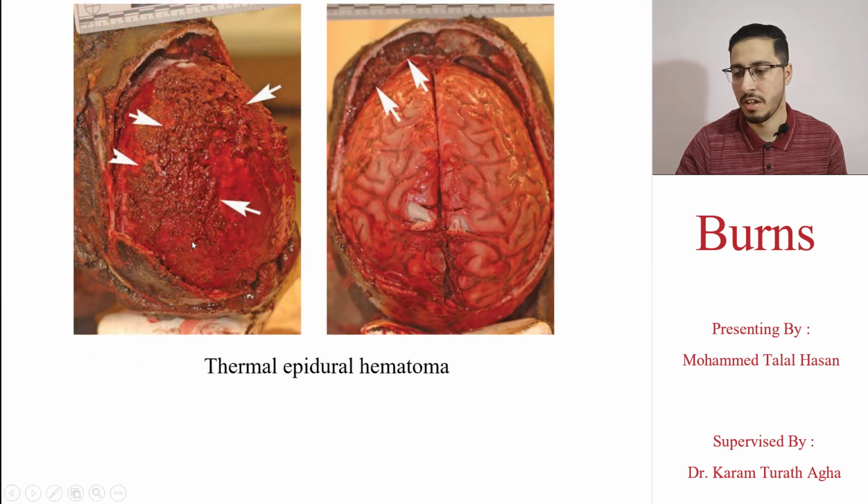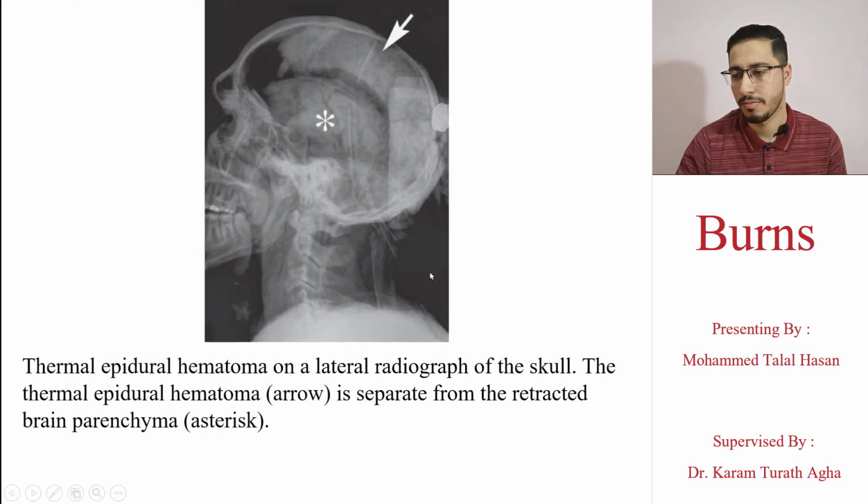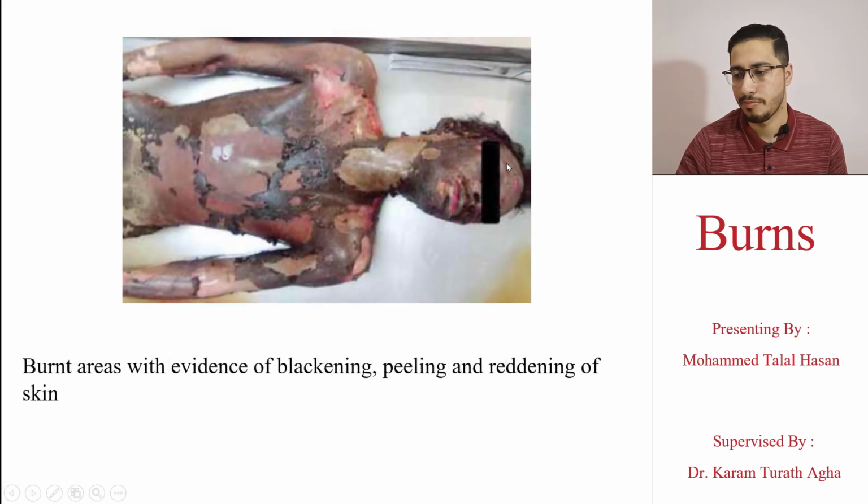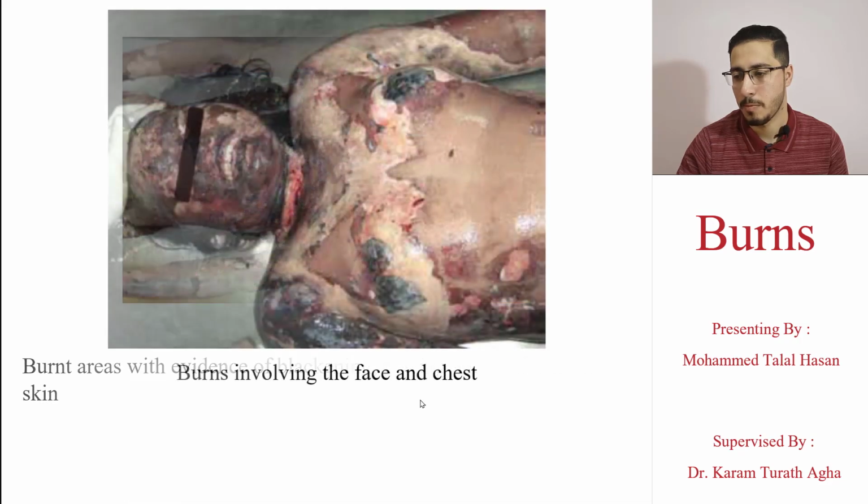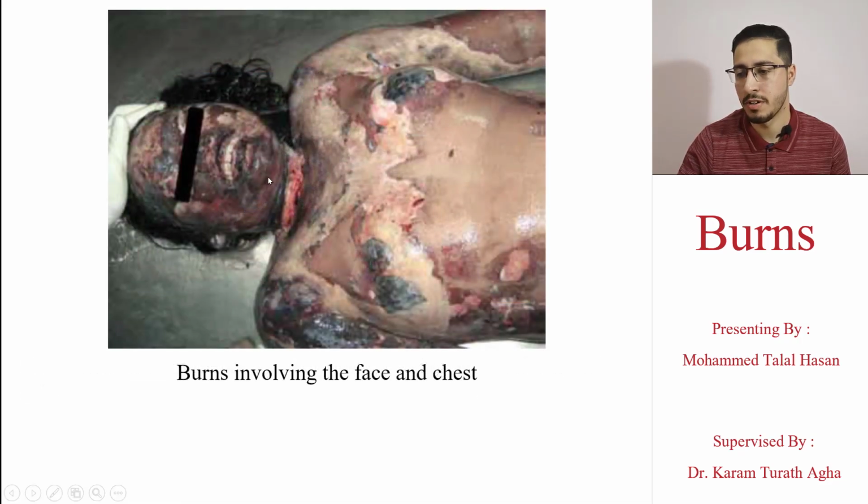Here we can see the thermal epidural hematoma, and we can see the thermal epidural hematoma in the X-ray up here. Here we can see the evidence of blackened discoloration of the skin and the redness of the skin upside here. Here we can see the burn involving the face and the chest.